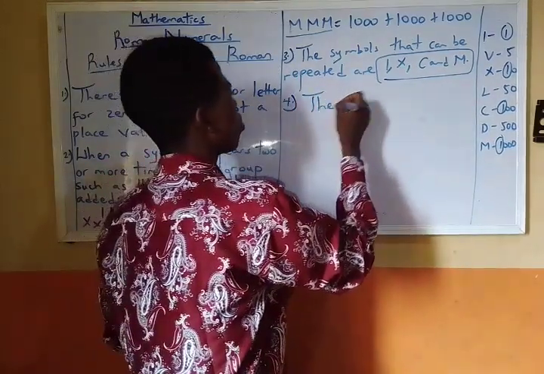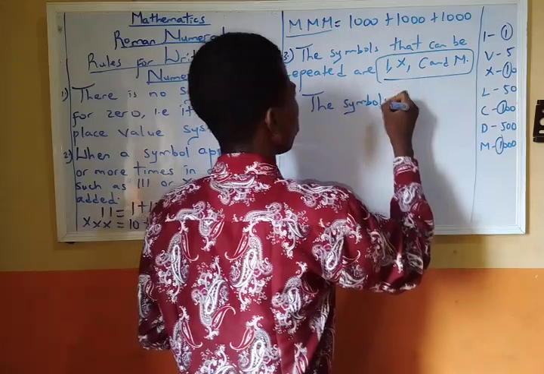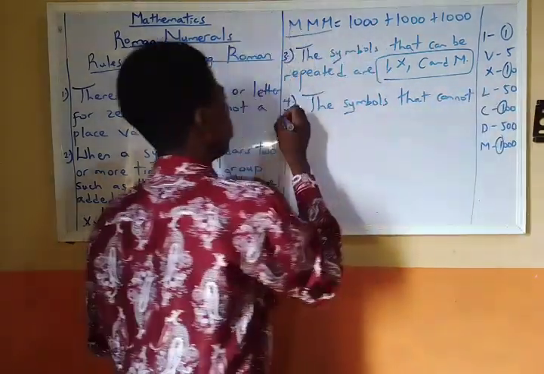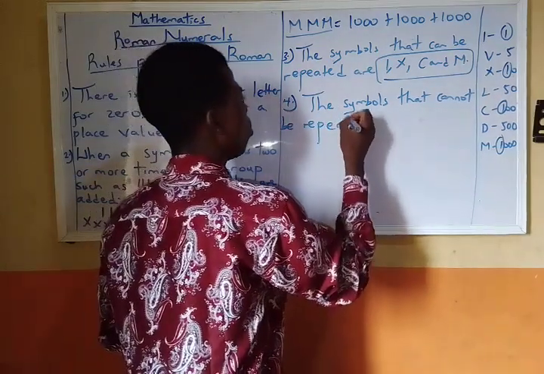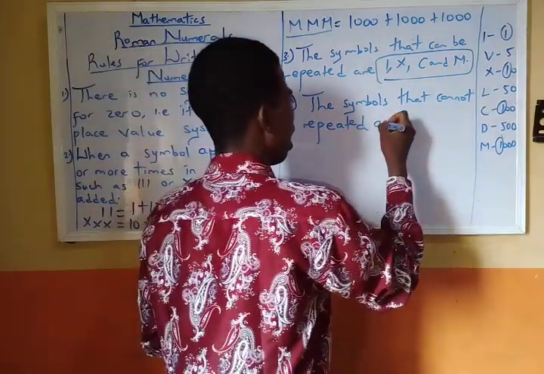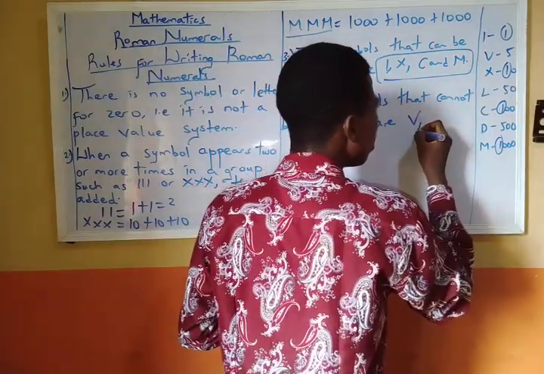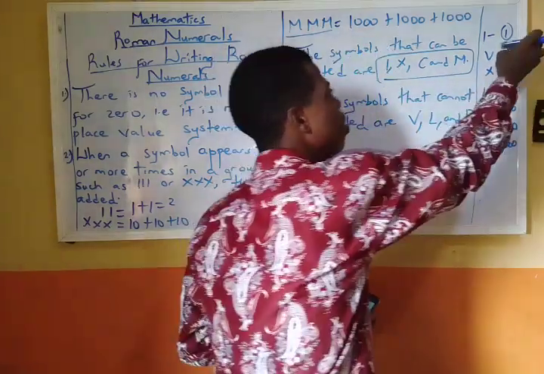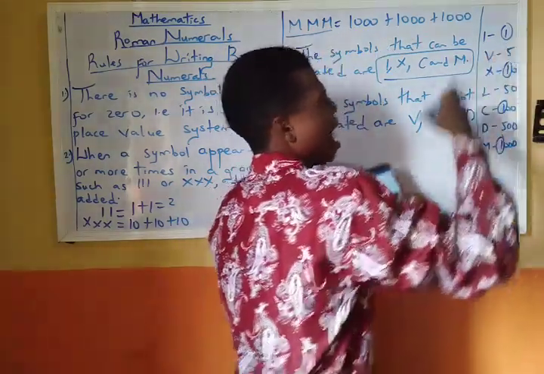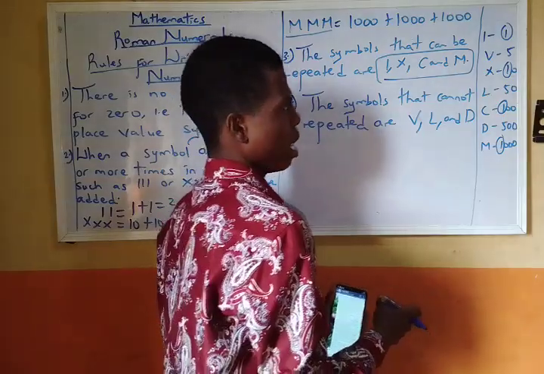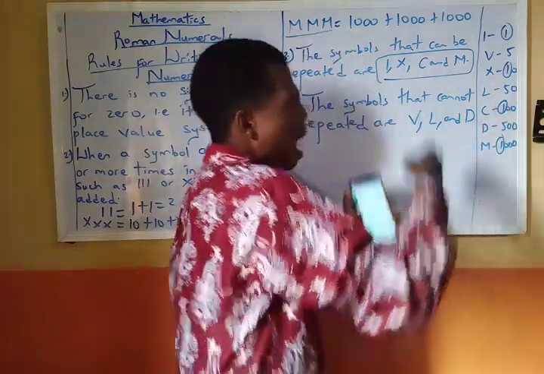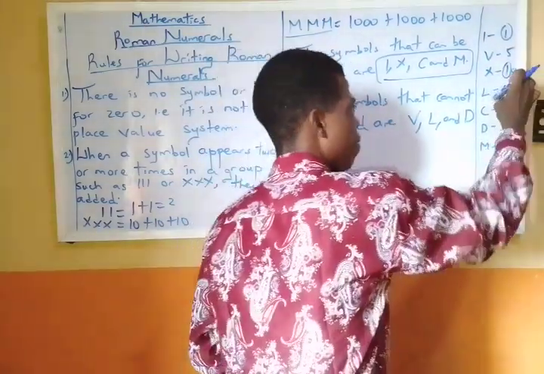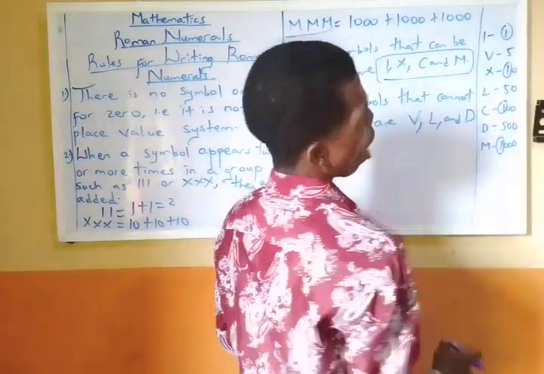The symbols that cannot be repeated are V, L, and D. You notice that these are the symbols that have 5 in their value. V has 5, L has 5, and D also has 5.